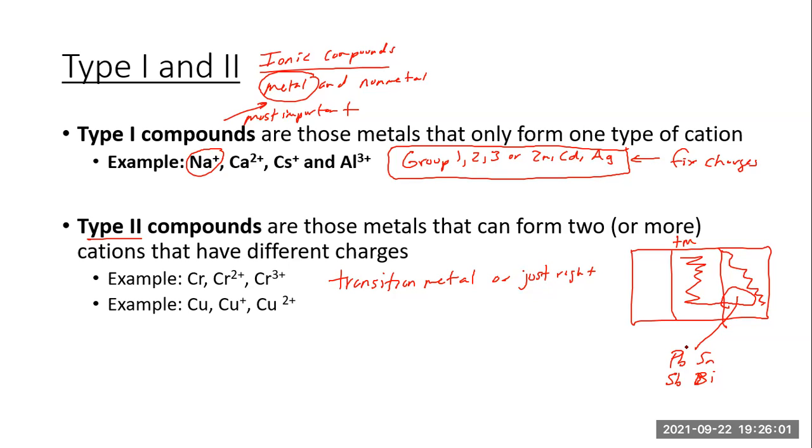Now, before we continue on, just to make sure, I think we talked about last time, but remember that when we take an ionic compound and we want to write the formula for it, the overall charge needs to equal 0. What I mean by that is the positive charge of the cation needs to balance out the negative charge of the anion.